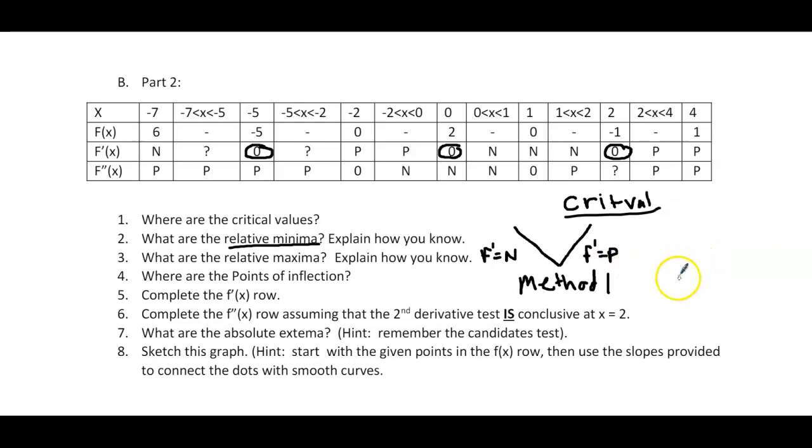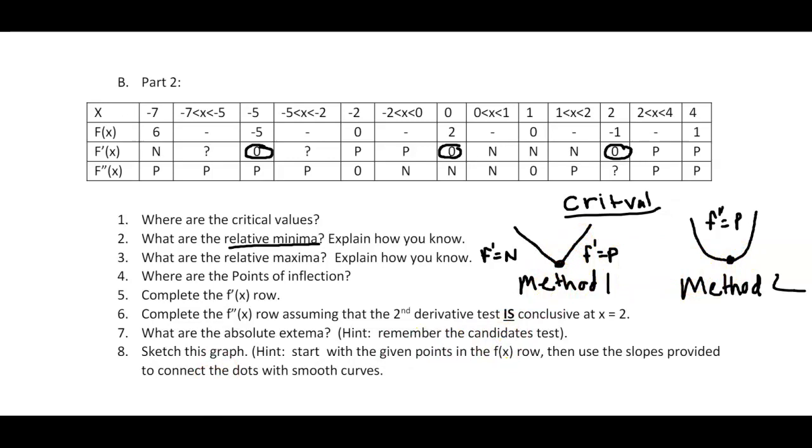Another way you can tell is because of the fact that this is concave up, f double prime will be positive at that critical value. The critical value is the tip of these shapes. So that's 2 ways you can tell.